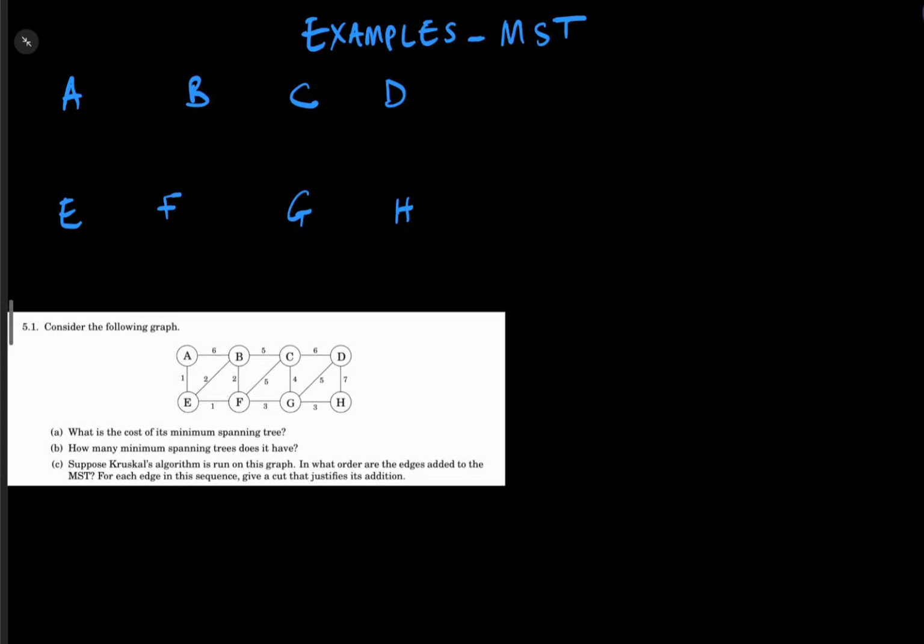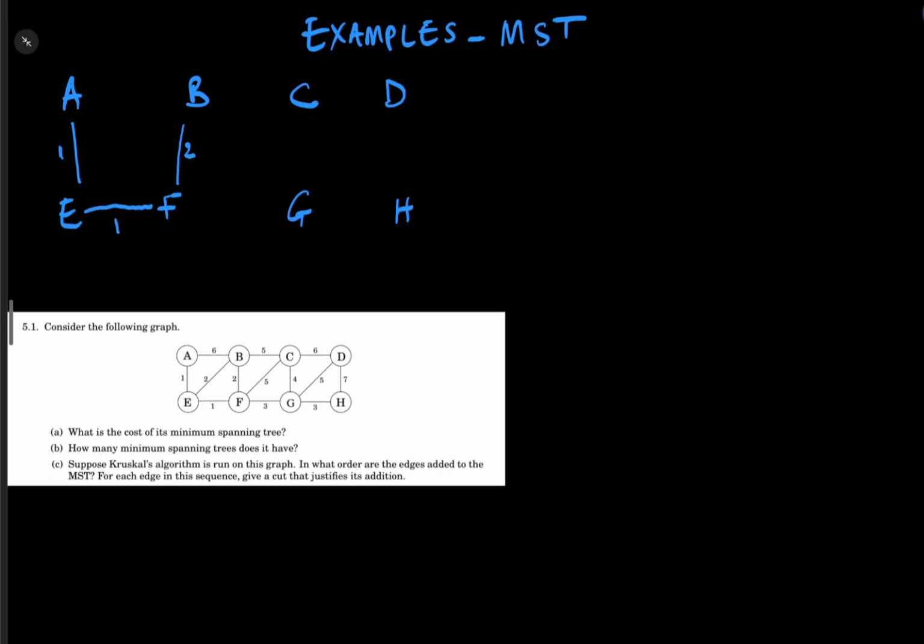We have an empty graph. We're going to start from the cheapest edge. We have from A to E, that's an edge. From E to F, we have another edge, very cheap, and it doesn't form a cycle yet. We also could go from B to F, that's another edge, it does not form a cycle yet.